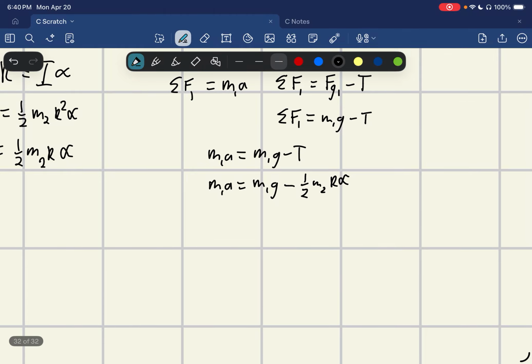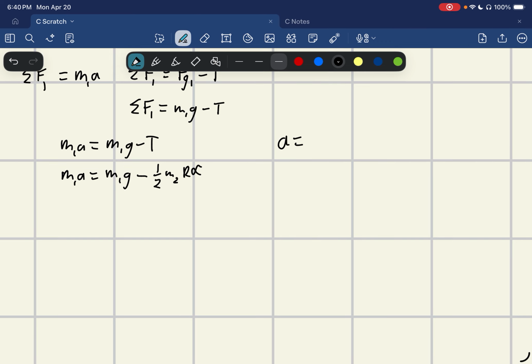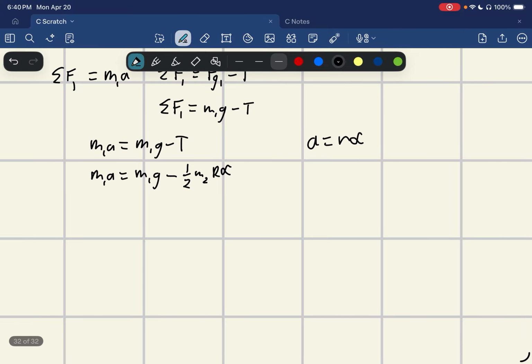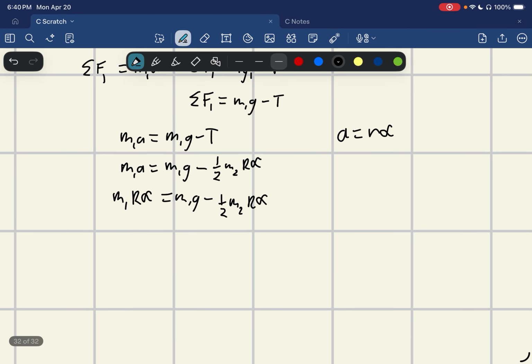And here I'll basically turn a, because we know that a is equal to R alpha, so I would replace a with R alpha. So m1 times alpha R, or R alpha, is equal to m1 g minus 1/2 m2 R alpha. And then I'll just move everything with alpha to one side.